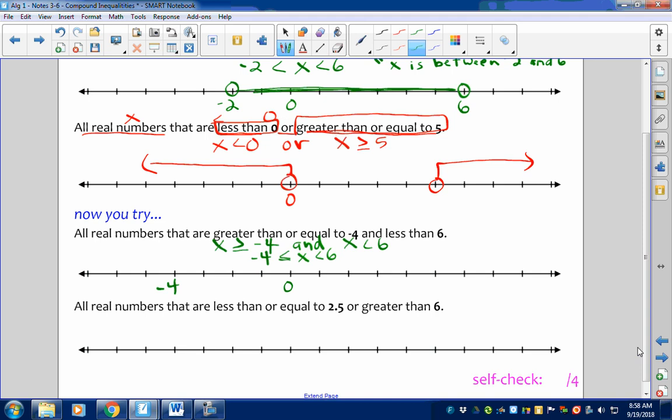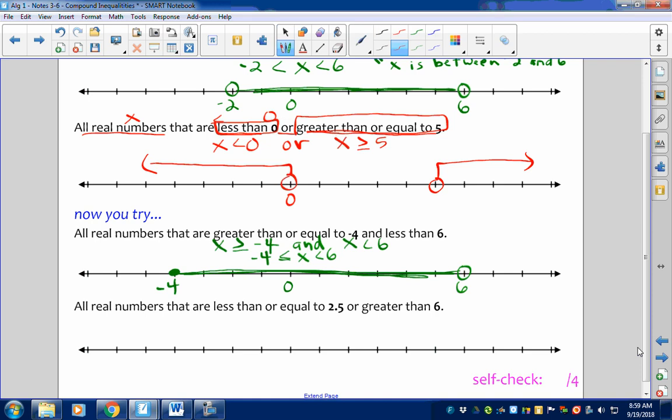We have a closed circle at -4. And 1, 2, 3, 4, 5, 6 is right here. Open circle there. Shade everything in between. That's an AND statement.